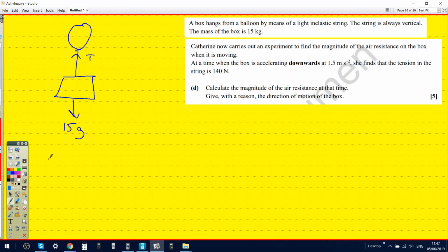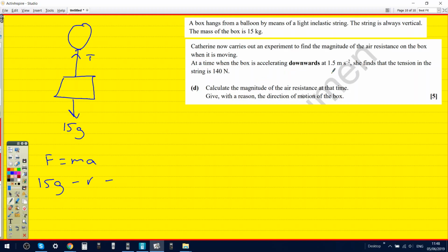So it'd be 15G going downwards, so it's 15G minus R minus 140 equals MA.